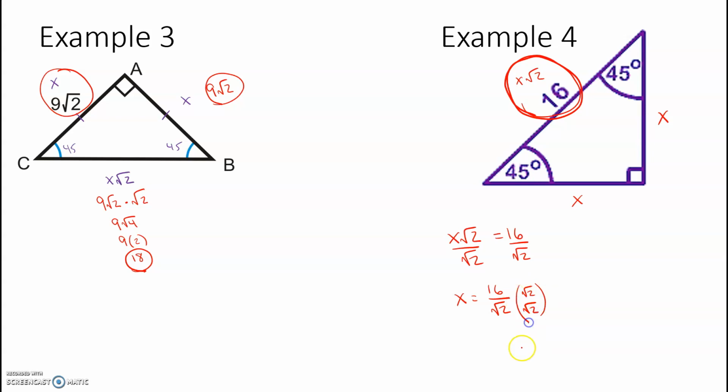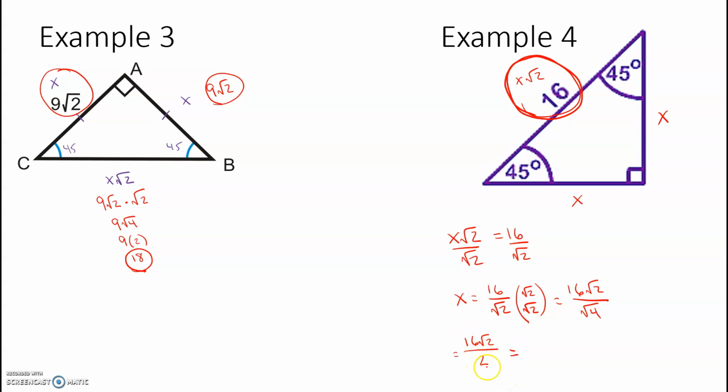So this is what we do to rationalize. So up top we have 16 times the square root of 2. And in the bottom we have root 2 times root 2, which is the square root of 4. Now I'm going to come down here to simplify. So we have 16 root 2 over square root of 4, which is 2.